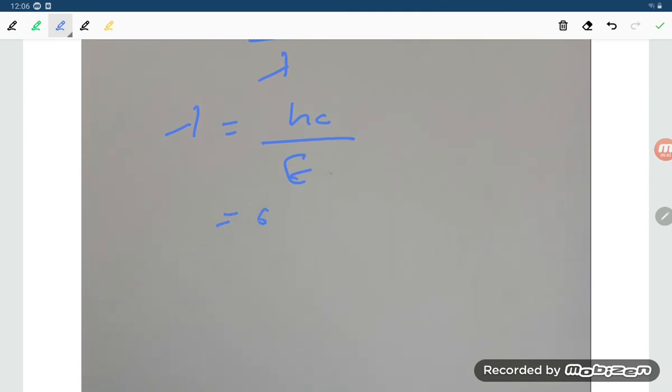We know E is equal to hc by lambda, so lambda is equal to hc by E. The E value we have already got. h is 6.626 into 10 power minus 34, c is 3 into 10 power 8 meter per second, and E we have just calculated.